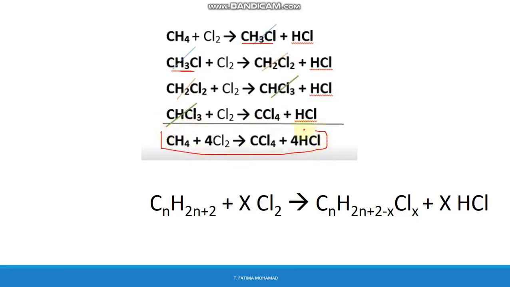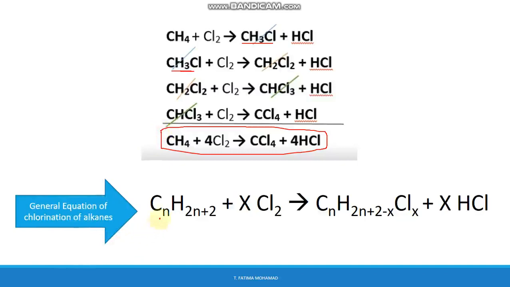Okay, this equation obeys the general equation of chlorination, which is CnH2n+2 plus xCl2 gives CnH(2n+2-x)Clx plus xHCl. What happens here?